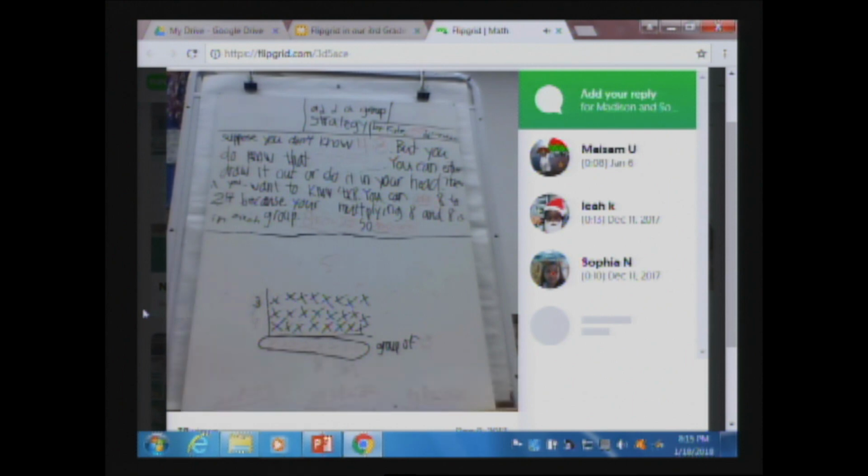And what we did in the picture is we did 3 rows and 8 in each row. And then we crossed out the 3 and put it to 8 times 4. And we added a row.